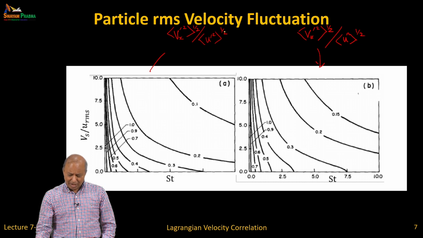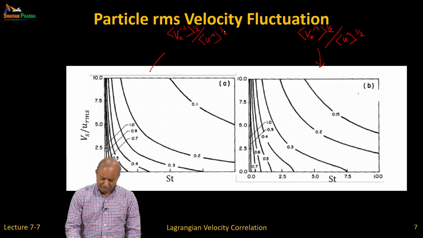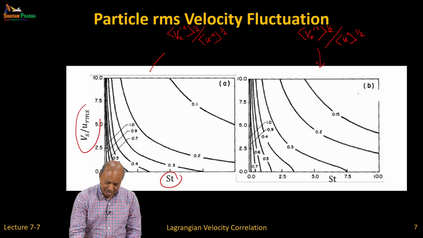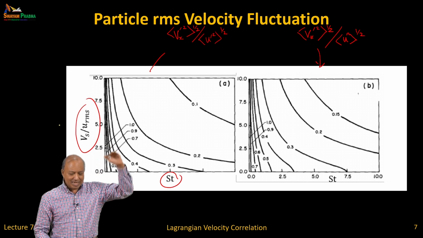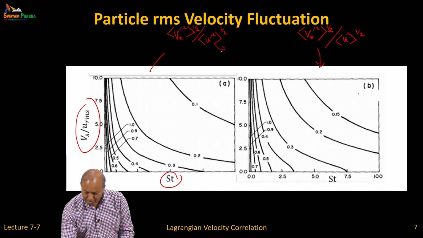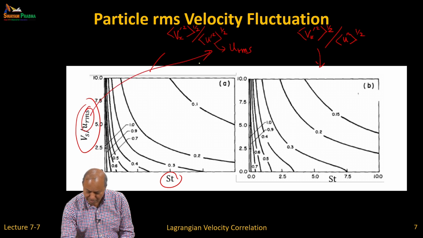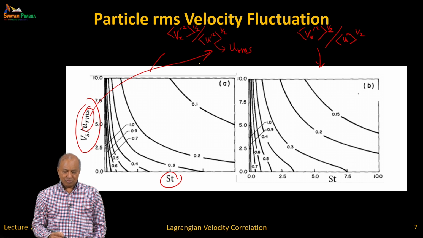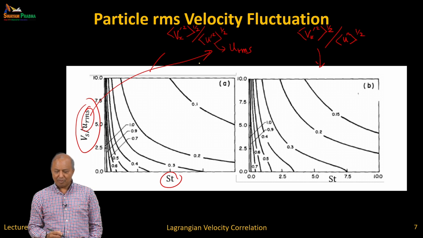direction. And it's quite clear from these plots, and what controls this is the Stokes number of the particle and the mean settling velocity of the particles, and this is nothing but URMS. So here this is URMS, that's the same thing, which is also square root of k in isotropic turbulence.